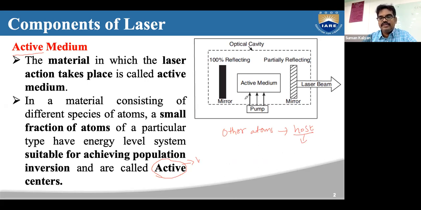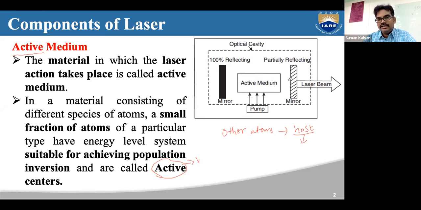This is the typical schematic diagram of a laser, where this is the active medium, and a pump is pumping this active medium so that the atoms can be raised to the higher energy level.